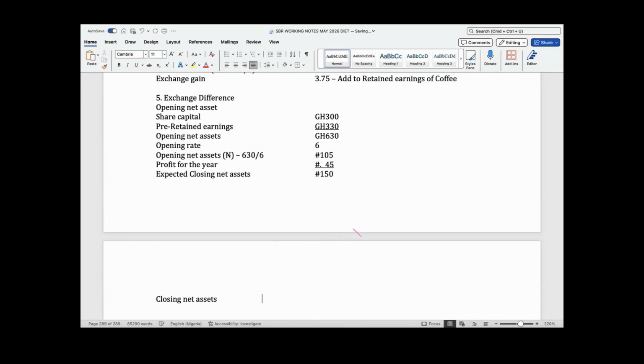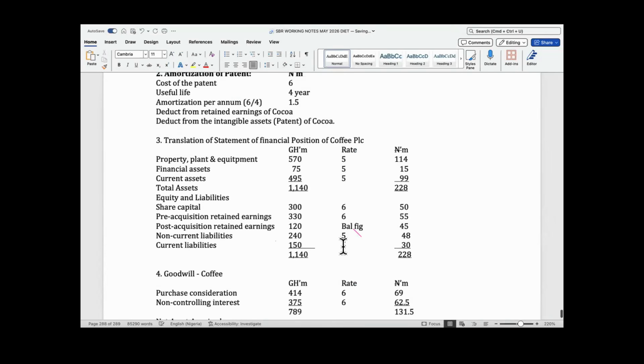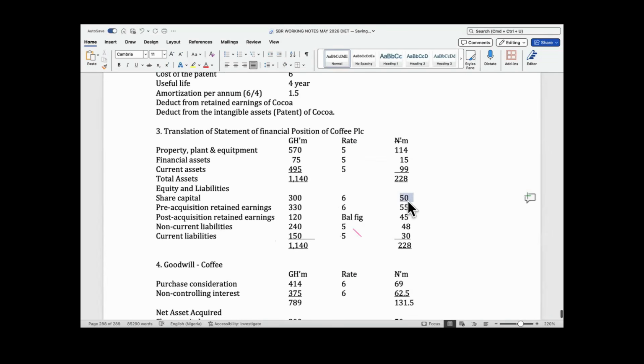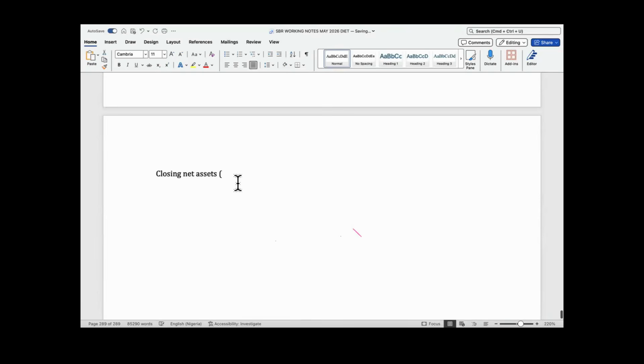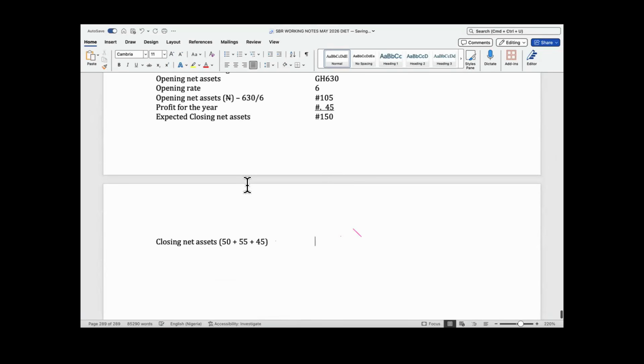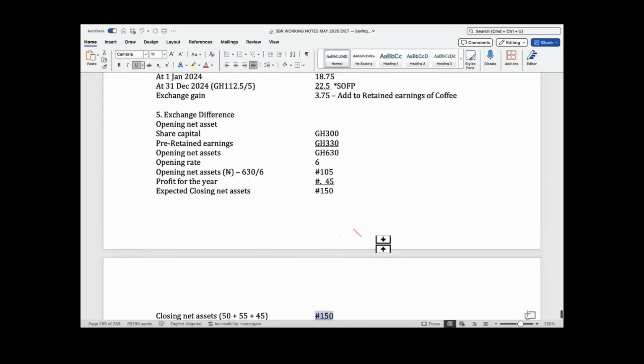It should be the same thing: 50 plus 55 plus 45. How much is that? 150. So we don't have any exchange difference here on the net asset of this subsidiary.